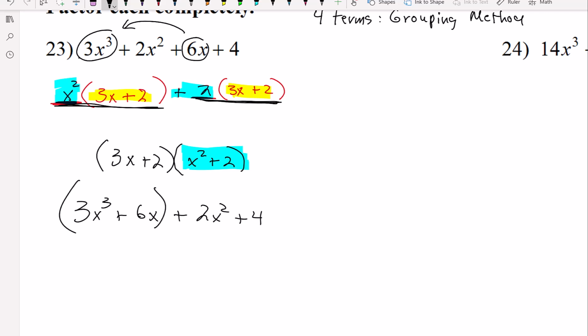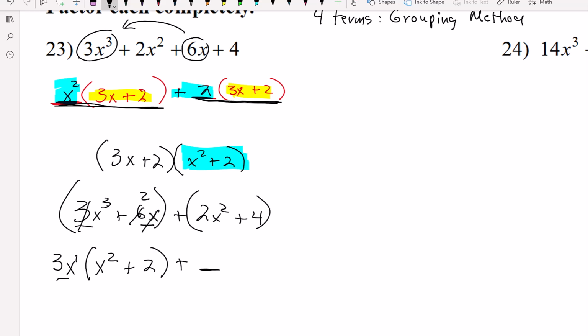And then we could factor it like this. These both have a 3x in common. And the 3 goes away. 3 divided by 3 leaves 1, and x cubed divided by x leaves x squared. And then 6x divided by 3x leaves 2. And the x's cancel.